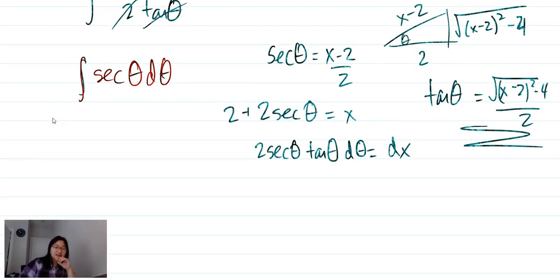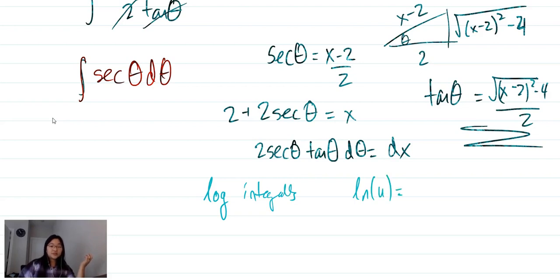So let's think. Remember that we had log integrals, where we were effectively looking for the natural log of u to be u prime over u. That was a thing that we would think through when we have our derivative over our input.